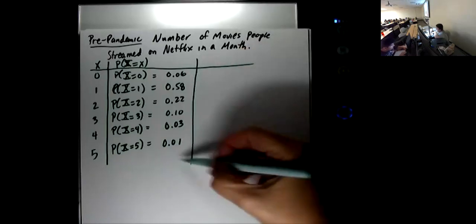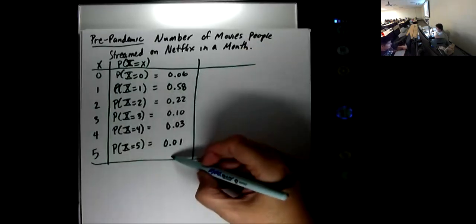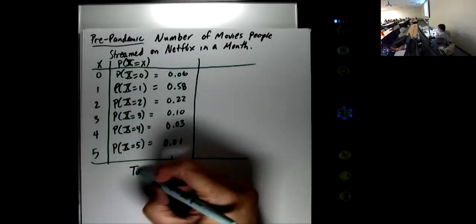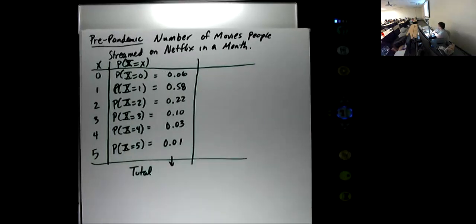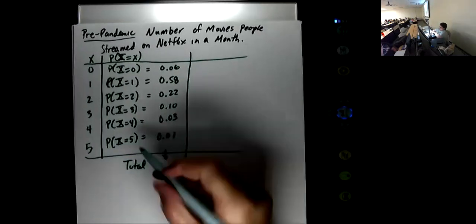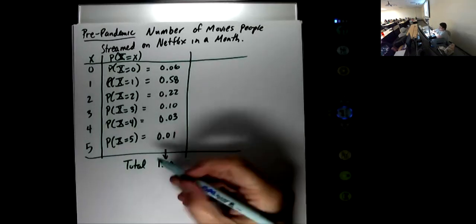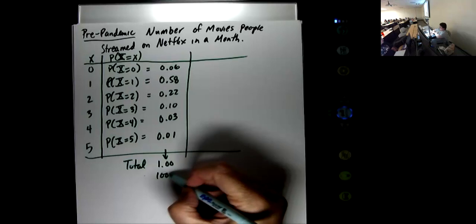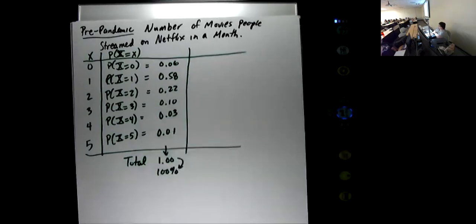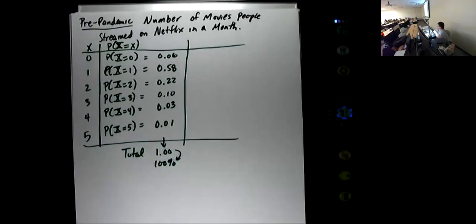What do those add up to? What does this column add up to? Close. 1. Even if you don't get out a calculator, that should equal 1, which is 100%. Remember, that was one of our 2 requirements for a probability model.